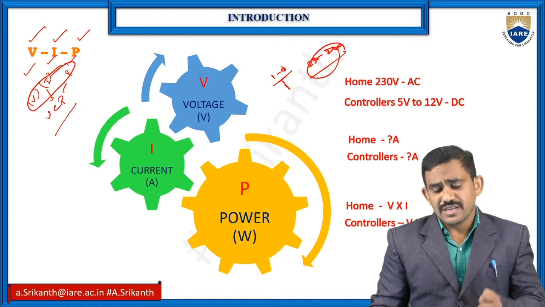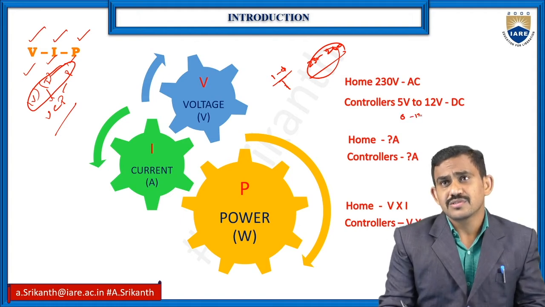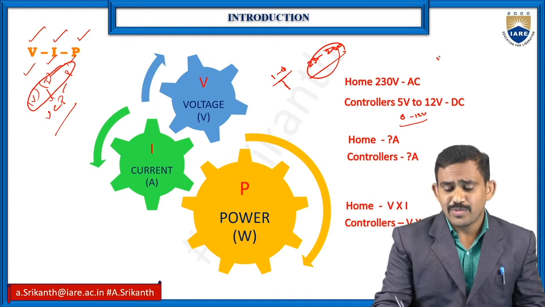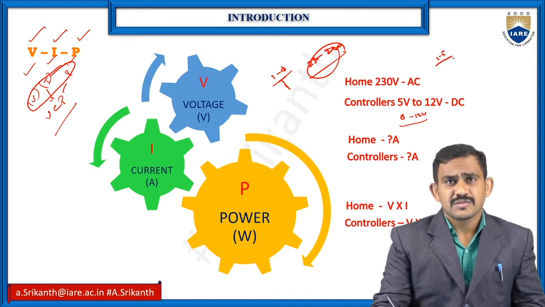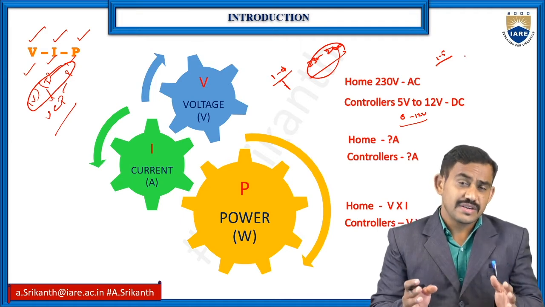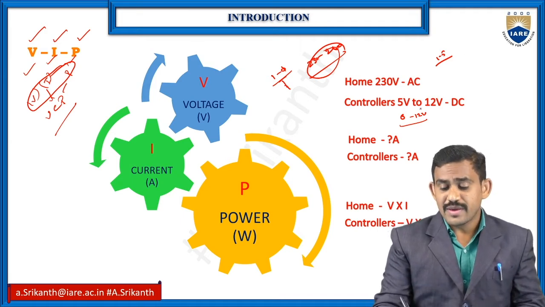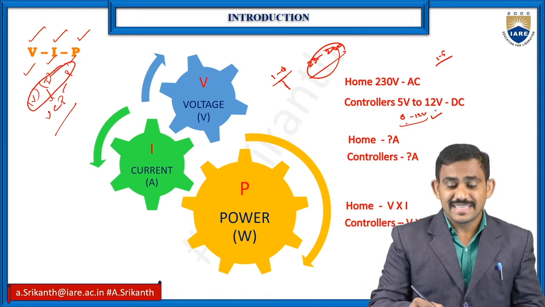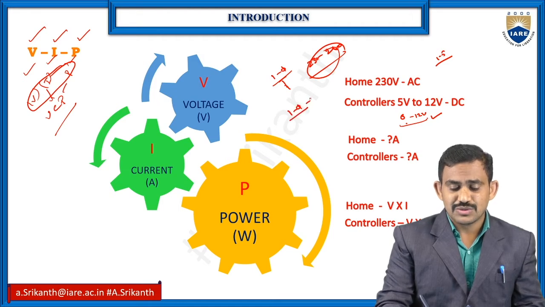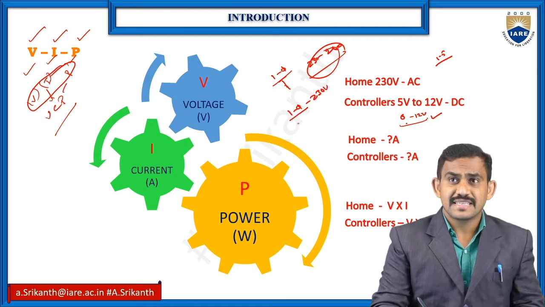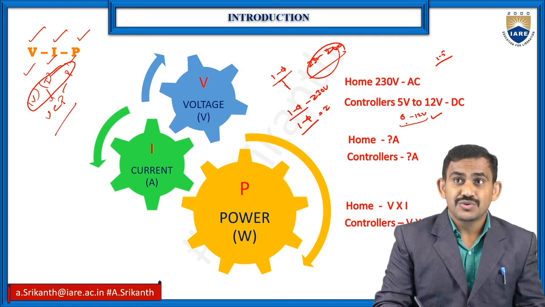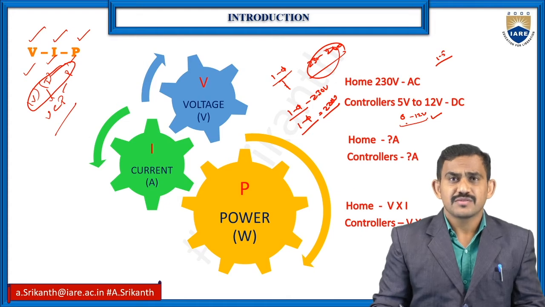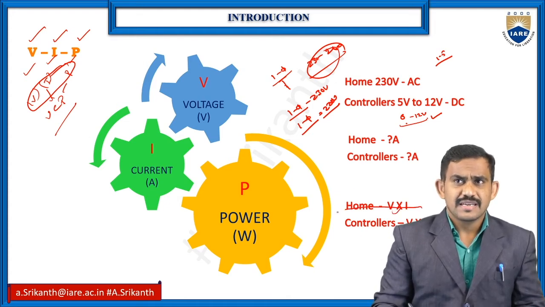For any controller we have 0 to 12 volts. In your home you have batteries, which have 1.5 volts. In different places we have different controllers, and for every controller we have 0 to 12 volts, maximum 12 volts for DC. For AC, single phase, we have 230 volts, and single phase DC we also have, that is 220 volts.